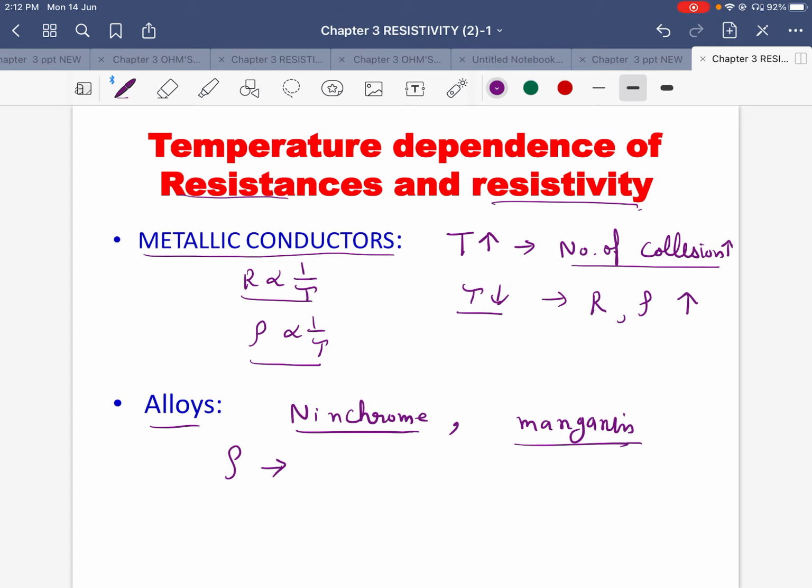With increase in temperature, if resistivity or resistance varies, then we cannot find the accurate value during the experiment. So standard resistances are made up of alloys because the resistivity has weak temperature dependence.